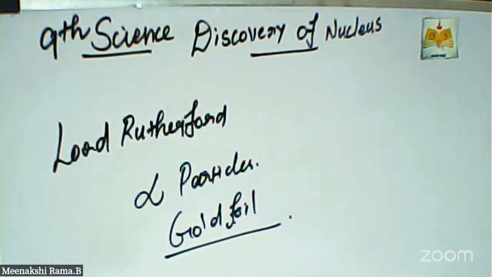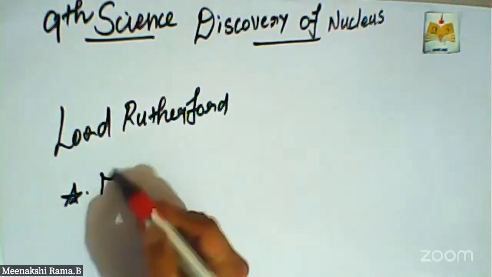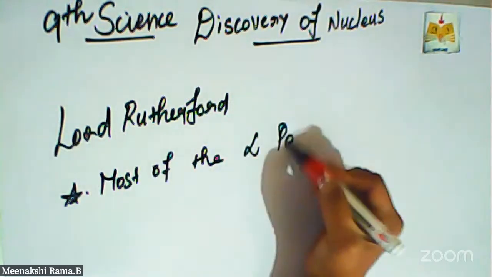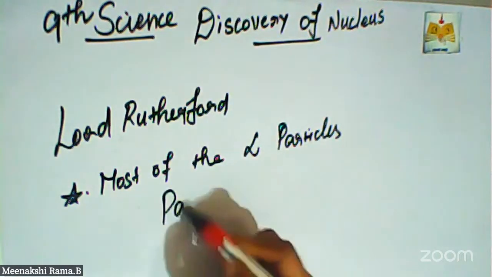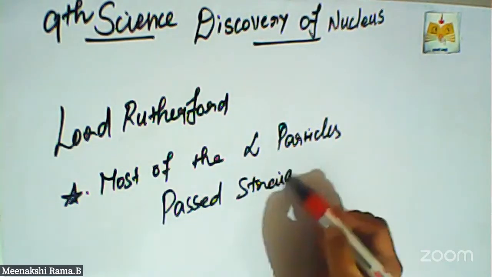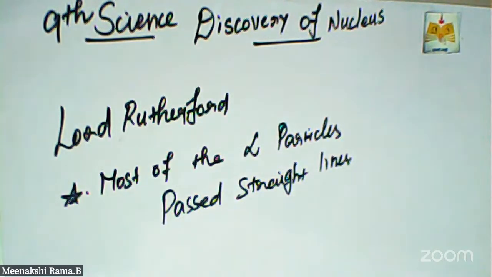So what are the details of that experiment? Most of the alpha particles pass through in a straight line. He sent the alpha particles to the gold foil, and most of them pass straight through. This is the first observation of his experiment.